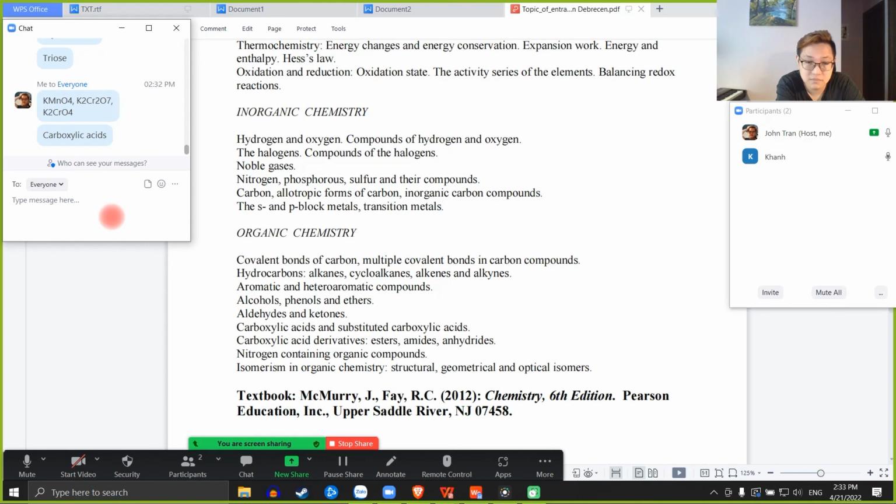The reaction can be reacting with a base to produce salt, an organic salt. It can also react with amine compounds.